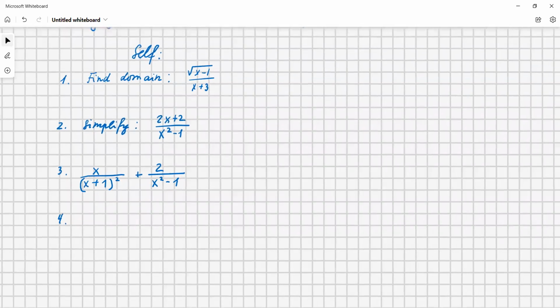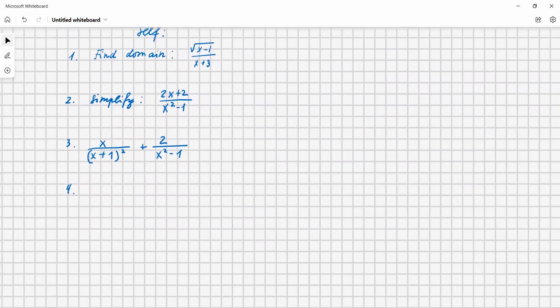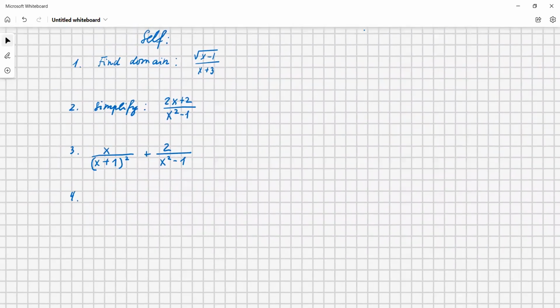Number 4, complex fraction, also we'll need to simplify it. (x plus y over x) divided over (y plus x over y). So simplify. And the last question to simplify is going to be rationalizing the denominator.